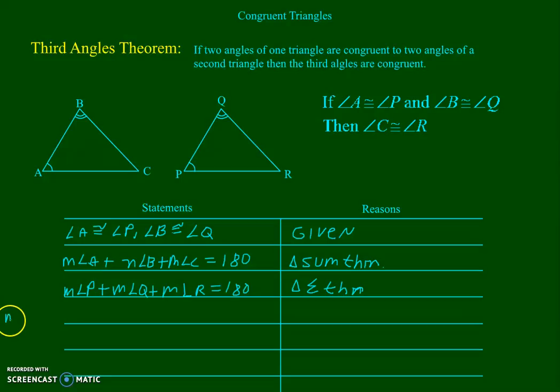So the measure of angle A plus the measure of angle B plus the measure of angle C equals the measure of angle P plus the measure of angle Q plus the measure of angle R. And this is the transitive property of equality.